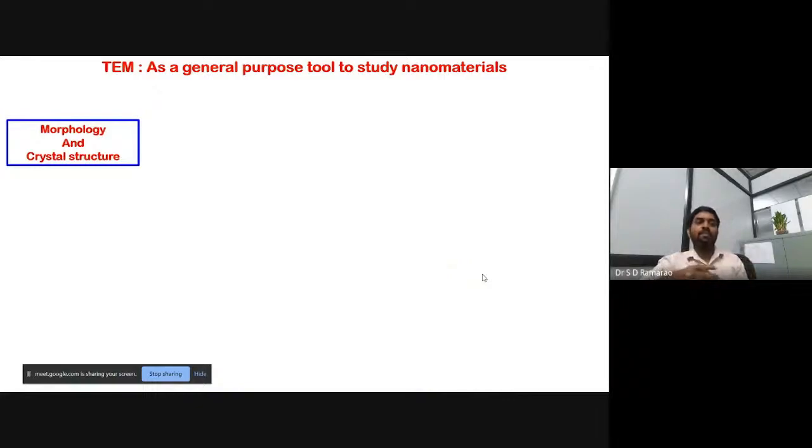You will expect some morphology as per your synthesis protocol, and you will cross-check that by imaging them directly, whether you got the expected morphology or not. And another thing is you will see the structure. How can we see the structure from a TEM?